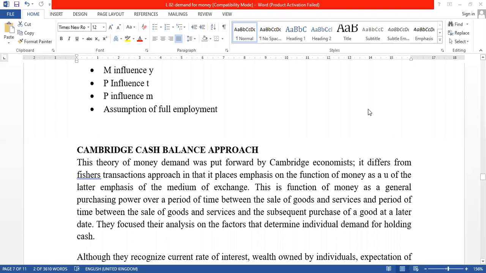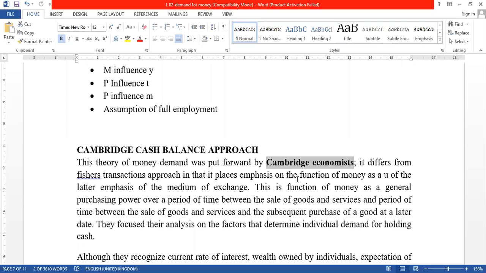This theory was put forward by people we call Cambridge economists. Remember, we said that in economics, we have different schools of thought. And therefore, once you come up with your school of thought and you're able to prove that this is what happens, then you can align with the Cambridge, you can align with the classical, you can align with the Keynesian, right?